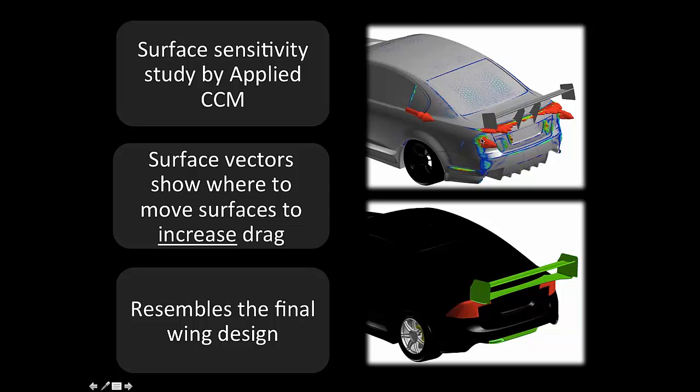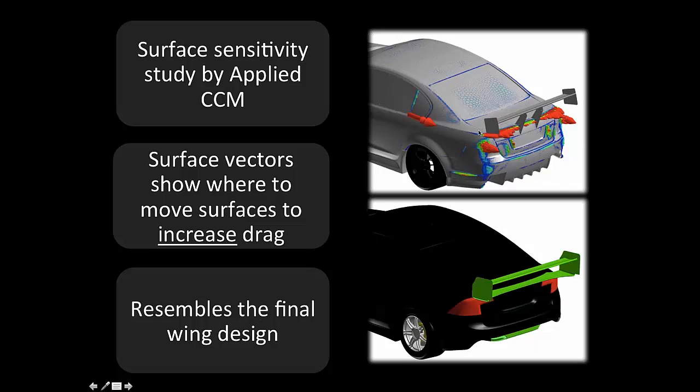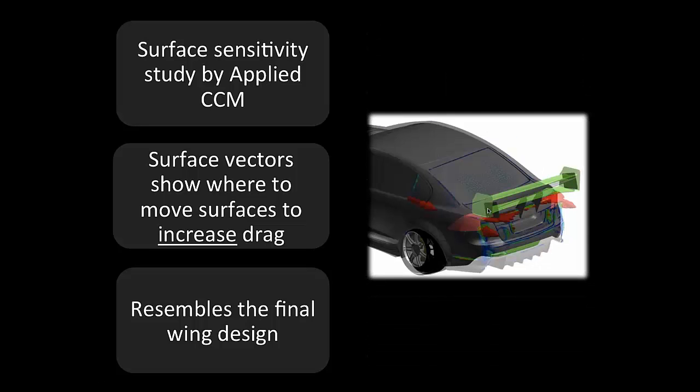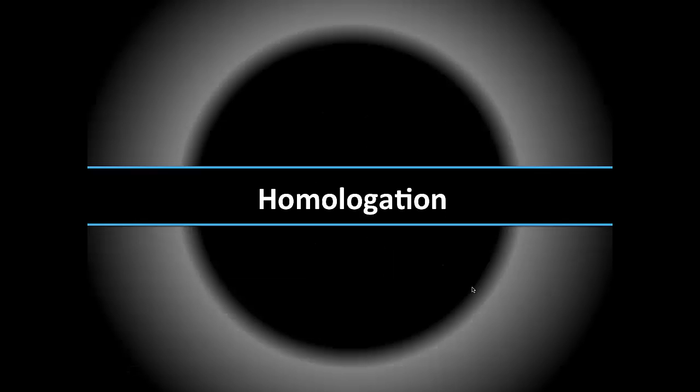They show where you can move surfaces on your vehicle to increase the drag. And when we put them over top of each other, you'll see that the deck lid extension on the Volvo sort of mimics the extension of those vectors. So you're probably wondering why on earth would we purposely put body panels in the way of somewhere where it will drastically increase drag like that.